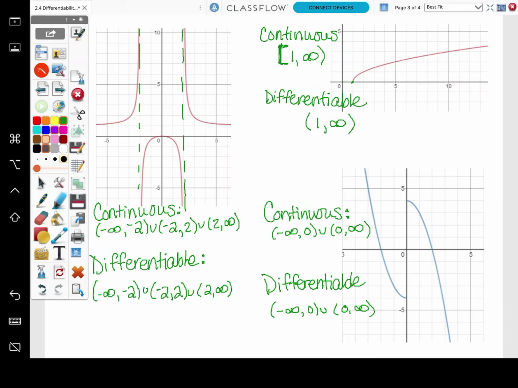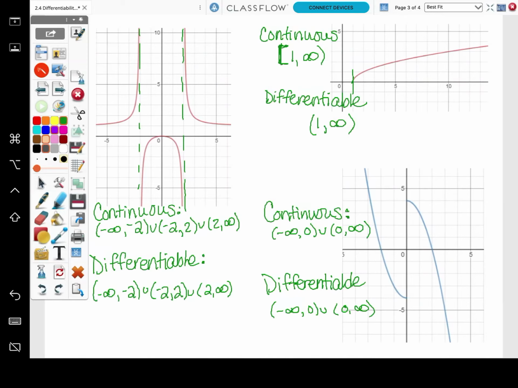But notice the difference, differentiable only from 1 to infinity, not including 1. That's a softer parenthesis there. So we cannot include 1. It's not differentiable there. The tangent line is actually a vertical tangent line there. Okay, and of course, talking about tangent lines, we're talking about lines that hit the graph only once. So it just means I can, over here, sketch that tangent line anywhere along the graph.